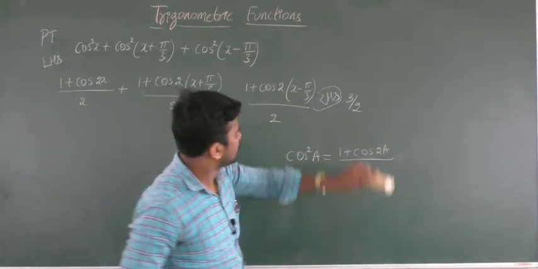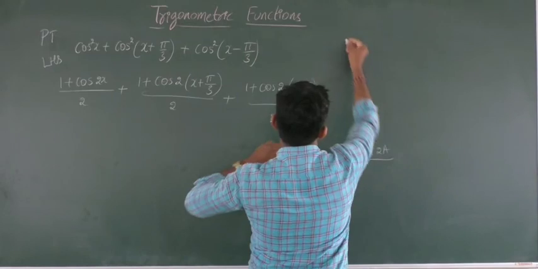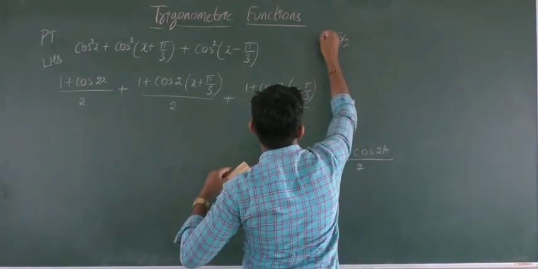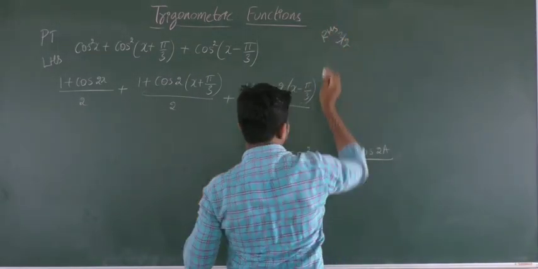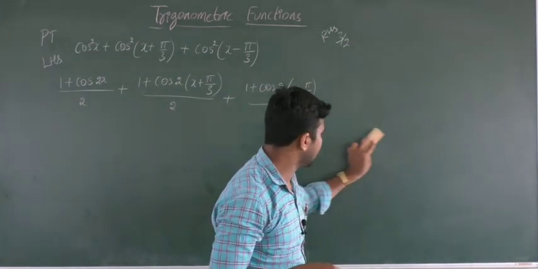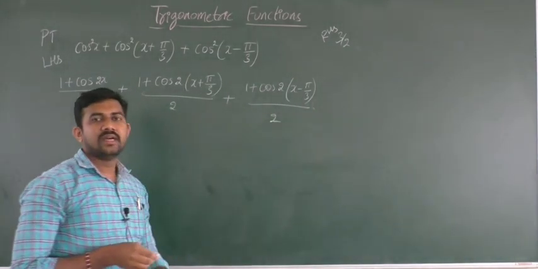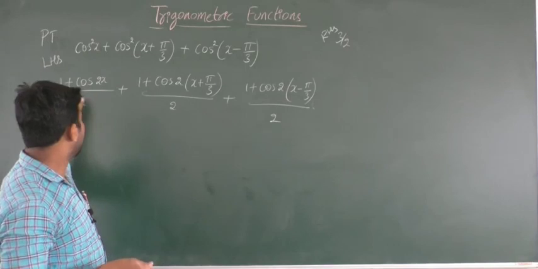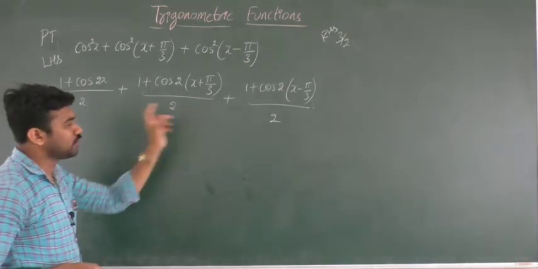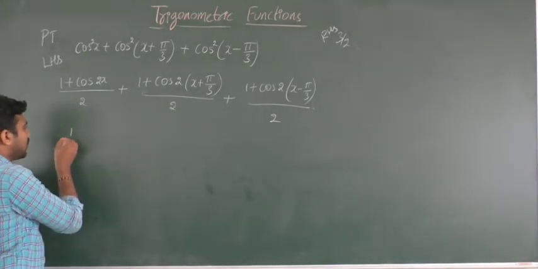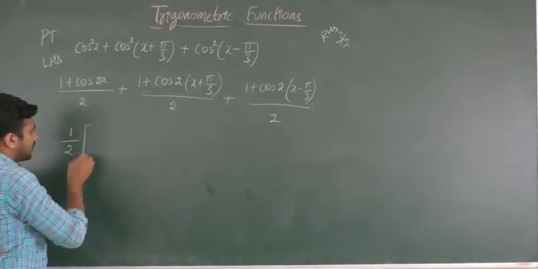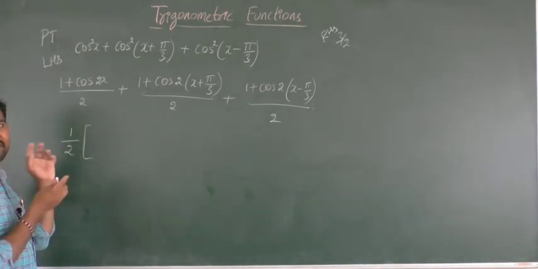So the result, that is 3 by 2, we have to obtain as the right hand side. Now I substituted the formula in each term of the given equation. Now we can observe here in each term 2 is the common denominator, so I can take half common.